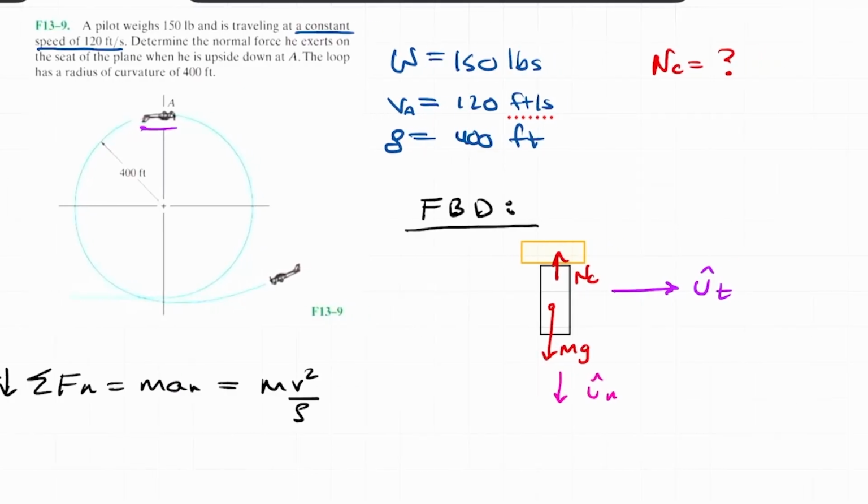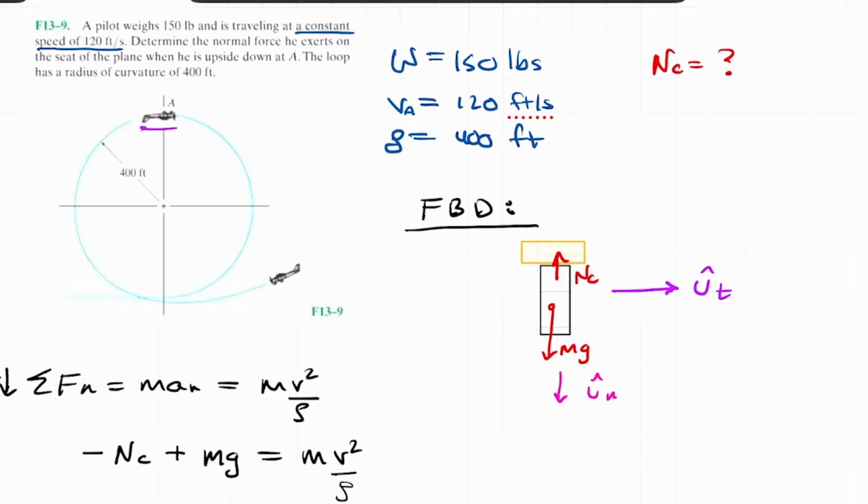That will mean that we have negative the normal force plus the weight of the pilot is equal to mass times v squared divided by rho. We also know that the tangential acceleration is 0 because it is a constant speed, but we do have some normal acceleration.